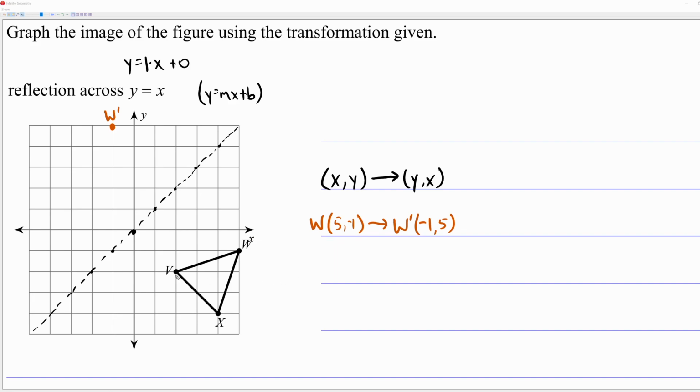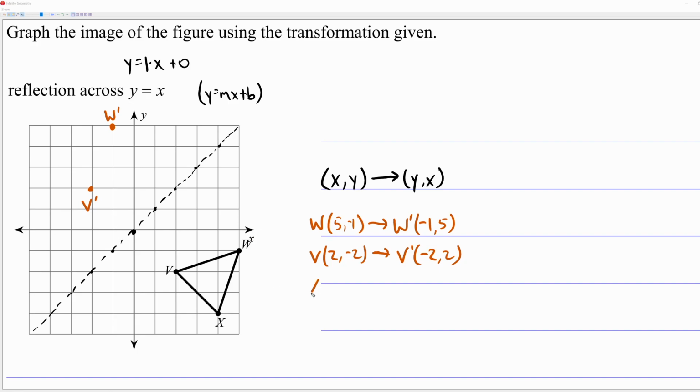So let's see. Point V is at 2, negative 2. So when you reflect it, point V prime will be at negative 2, positive 2. All you do is interchange the points. So negative 2, positive 2. And that is point V prime.